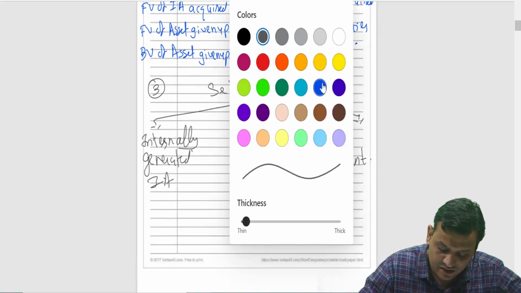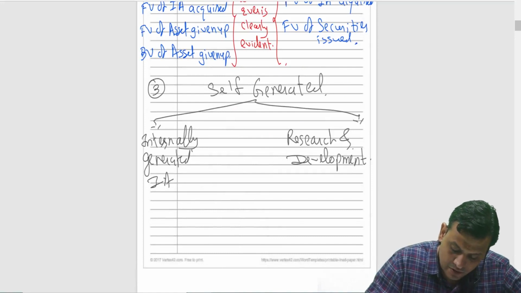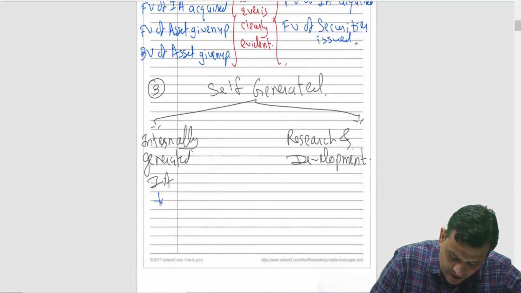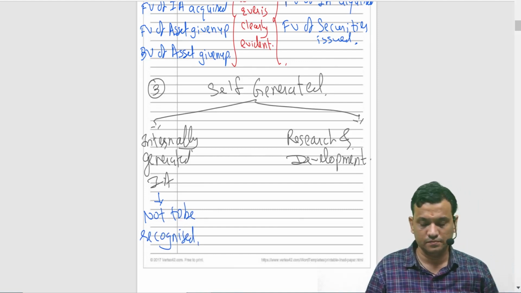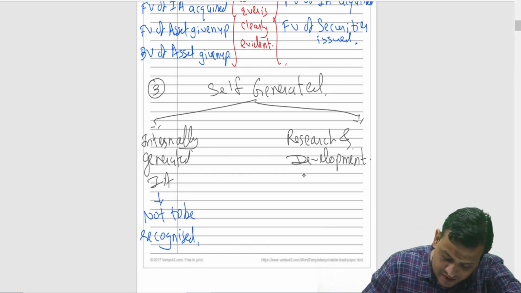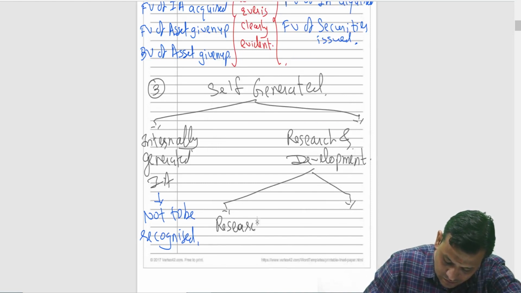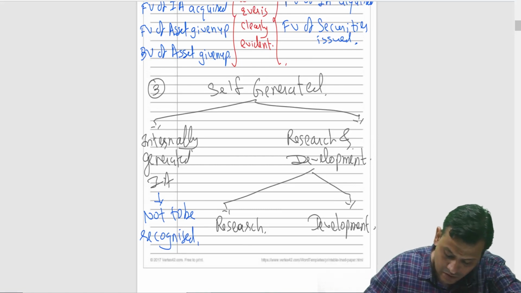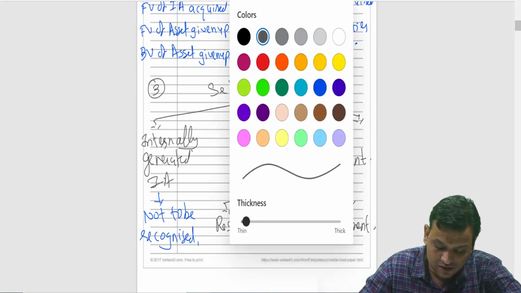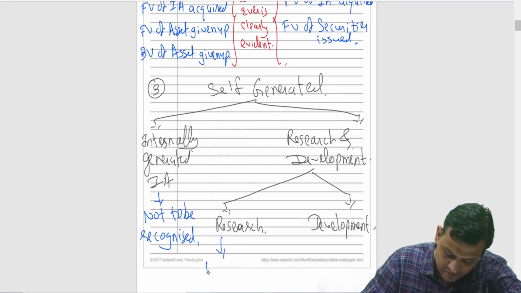Internally generated, like goodwill and brand, are not to be recognized. Research and development, my friends, has two parts: research, and development. What is to be done for research? The standard says research expense goes to the profit or loss account.